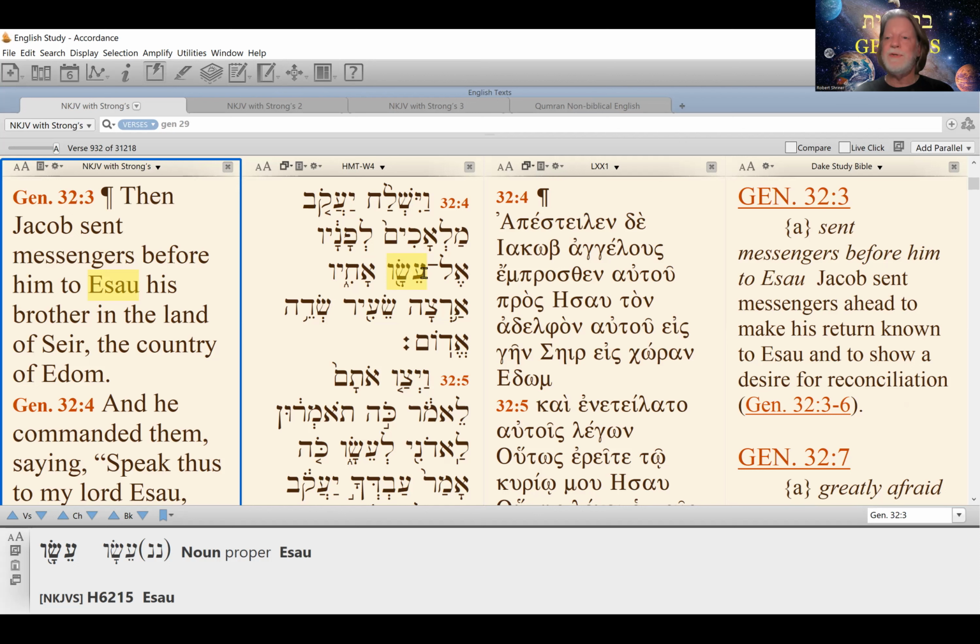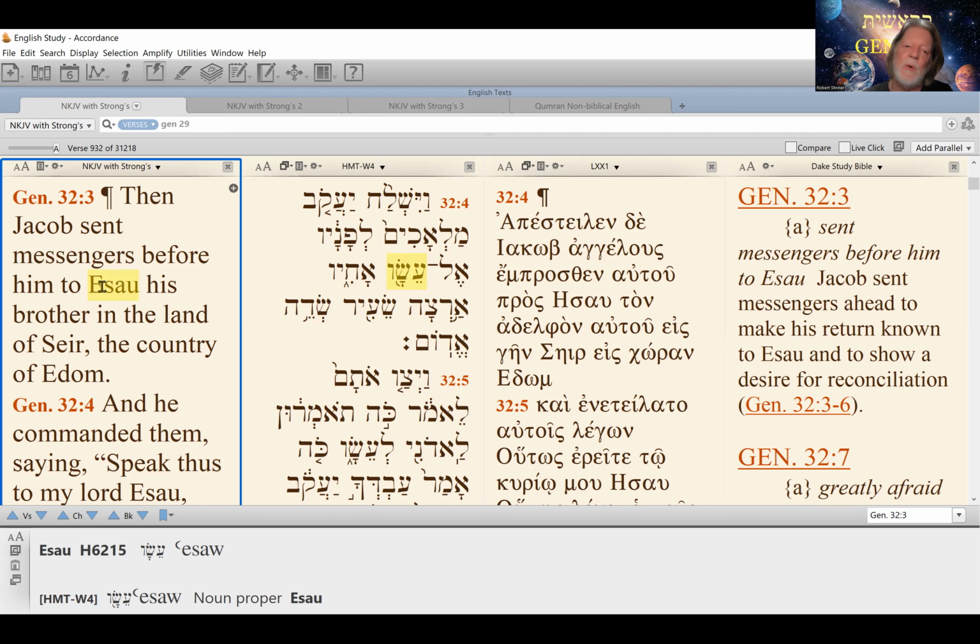But a more important reason to not pronounce the sacred name of God is to avoid even getting close to violating the commandment that says, thou shalt not take the name of the Lord thy God in vain. Okay, so Esav, the name that he was given at birth, I believe that means hairy.